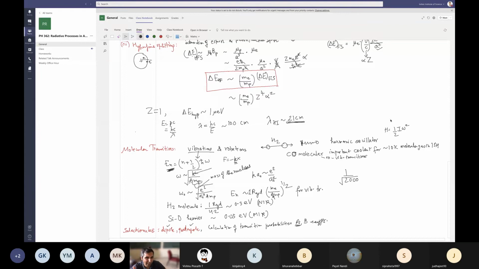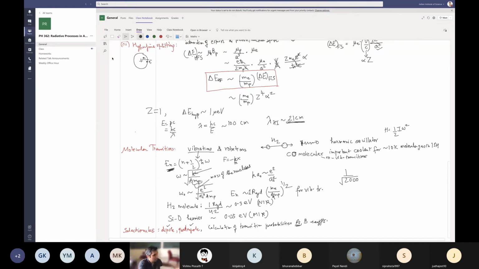So the cross section and oscillator strengths associated with them are smaller. So one has to have some idea about all this.